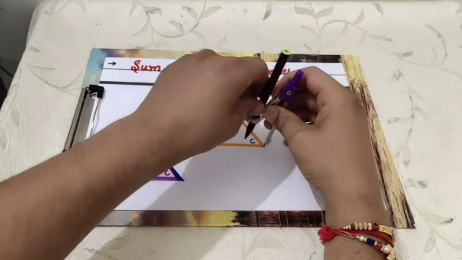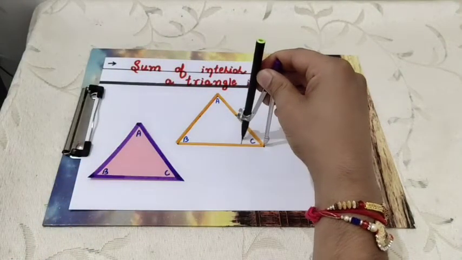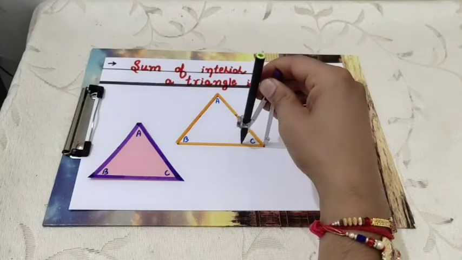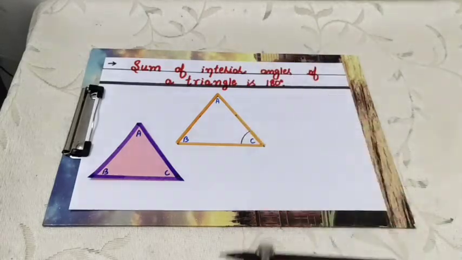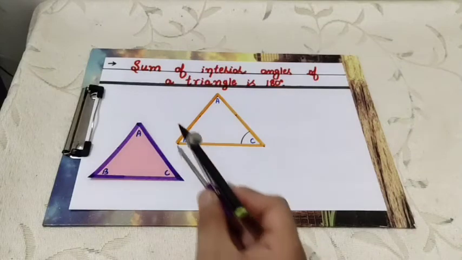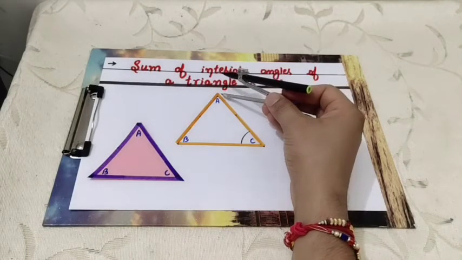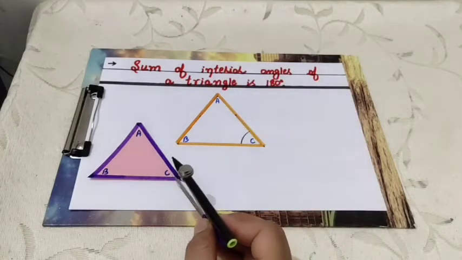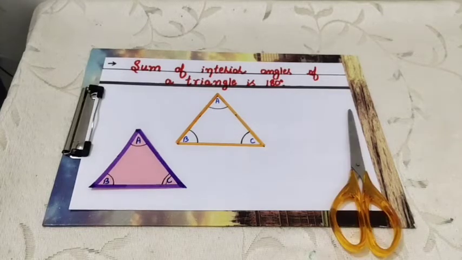Of this much arc we should make. Similarly, we will make arcs on vertex B, on vertex A as well as on the vertices of this cut-off triangle.